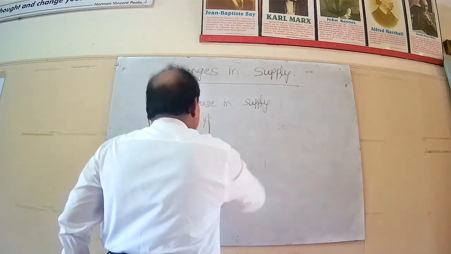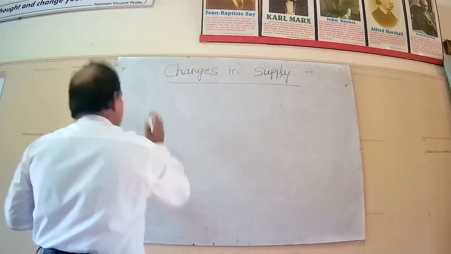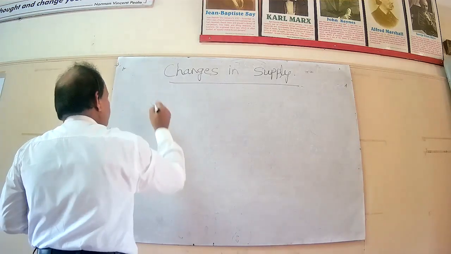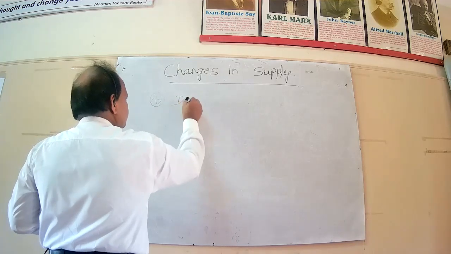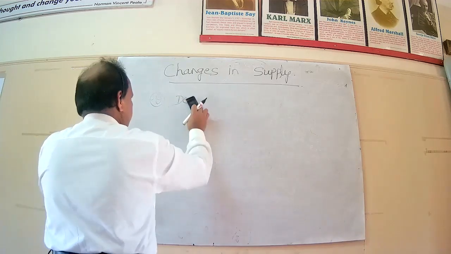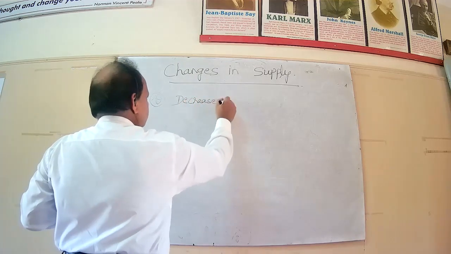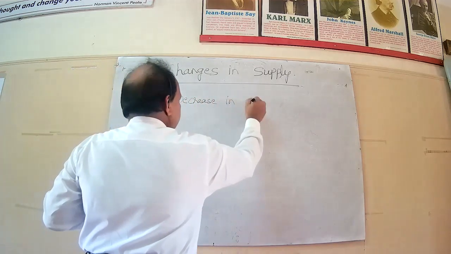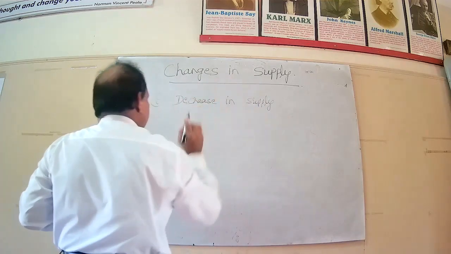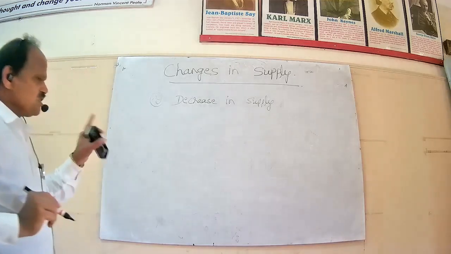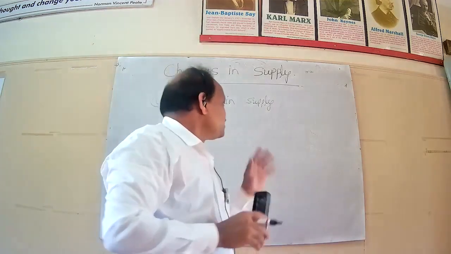Fourth type of change is number 4, decrease in supply. Here once again, at the same price, less quantity will be supplied.